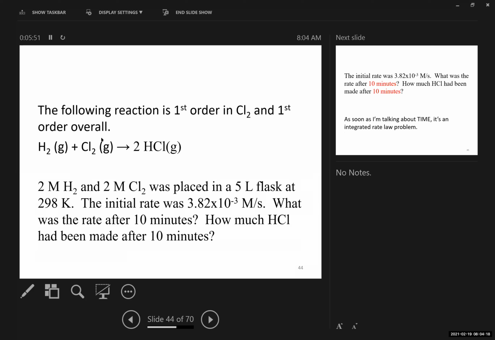And so in that vein, if I have this reaction and it's first order in chlorine and first order overall, since I have the orders, I know both the rate law and the integrated rate law.